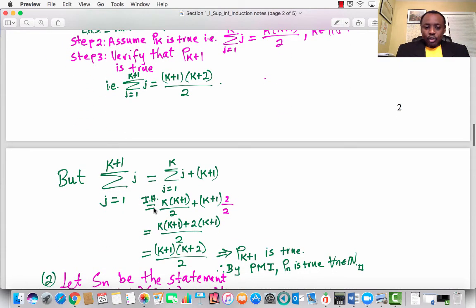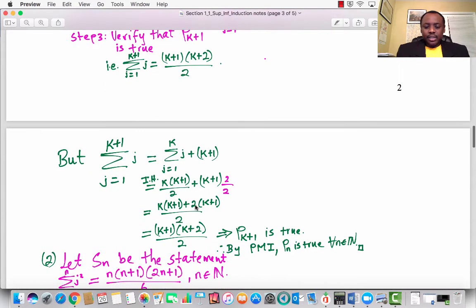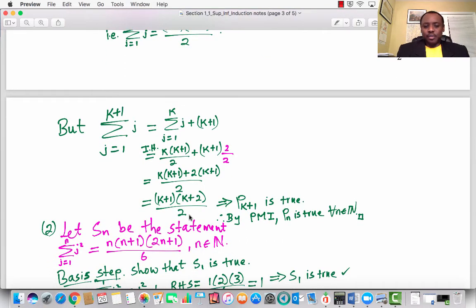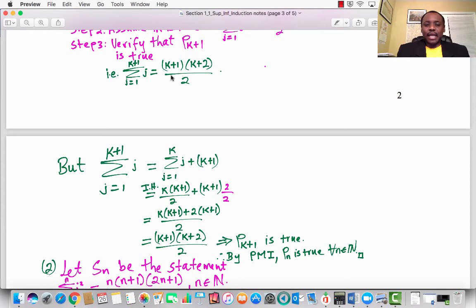So by the induction hypothesis, this first component here gives me k times (k plus 1) over 2 plus (k plus 1). I need a common denominator, so multiply top and bottom by 2, and I end up with this nice, beautiful expression, which my old friend algebra would break down into (k plus 1) times (k plus 2) divided by 2, exactly what I am looking for.